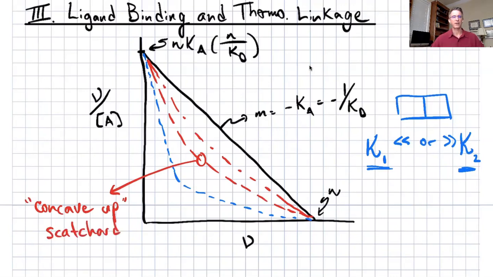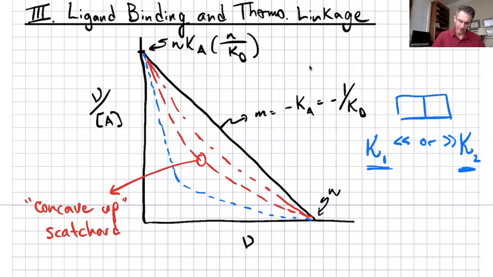And one of the problems with the scatter plot, one of the reasons it sort of fell out of favor, is that an easy way to get a concave up scatter plot is exactly the situation I've described, where you have a macromolecule with two independent binding sites, different affinities. You're going to end up seeing a concave up scatter plot.